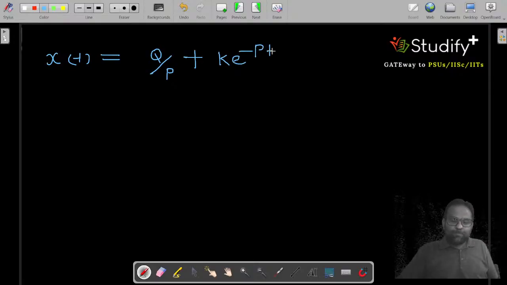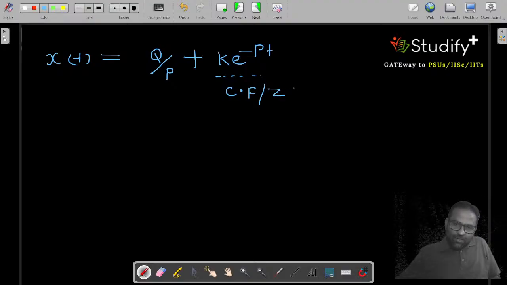Always remember, every differential equation has two kinds of solution. The first solution is known as CF, complementary function, or you can call it the zero input response. The other solution is known as the particular integral, or you can call this response the forced response.